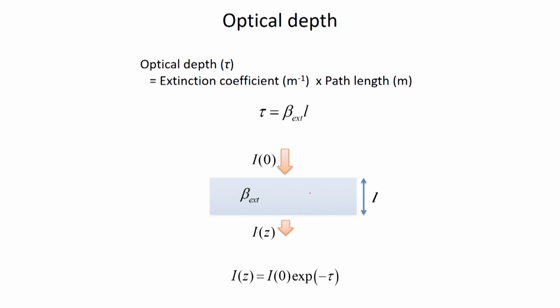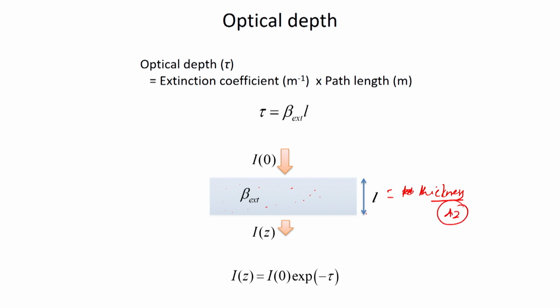Suppose this is the atmospheric column that we have, and the thickness of the column is L. Sometimes this thickness is also represented as dz.